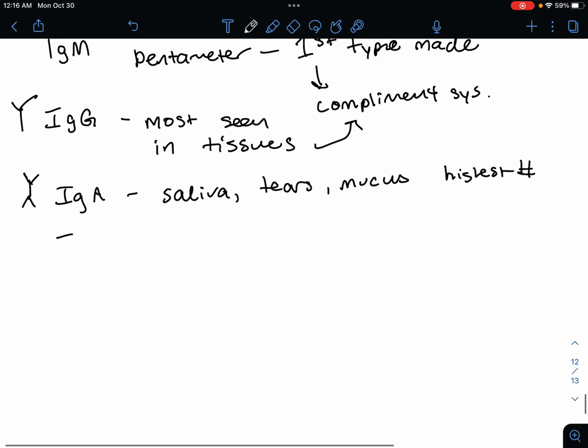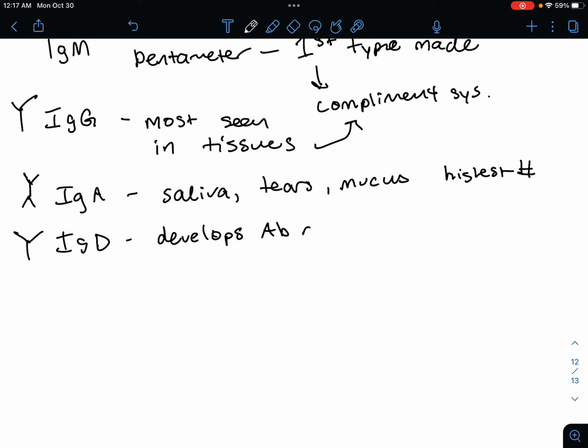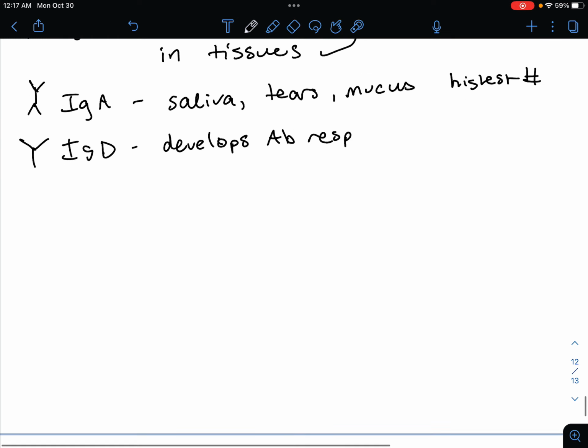Then we have the IgD, which is also going to be a monomer one. This is going to be the maturation of antibody response, so it develops the antibody response. And then IgE, another monomer, so just our regular Y.